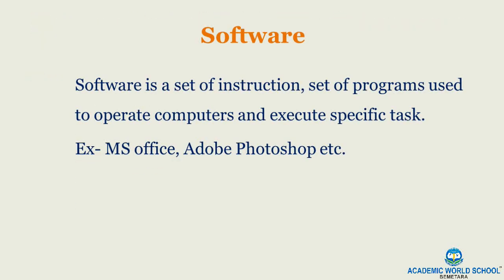So first of all, before starting word processor, I am going to discuss what you mean by software. What is software? Software is a set of instructions. Software is a set of programs used to operate computers and execute specific tasks.